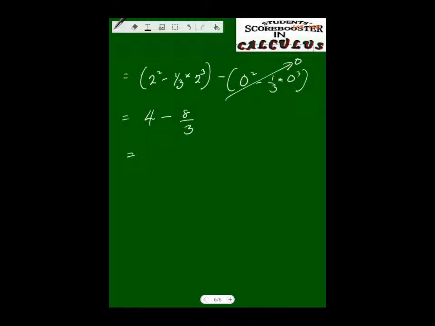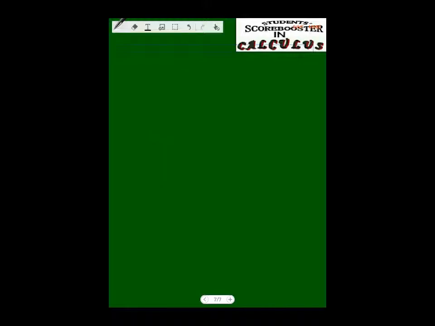In JAMB, you don't have time to start finding LCM and some other thing. So just make 4 to be equal to 12 over 3. Okay, and then you can subtract 8 from 12. 12 minus 8 will give you 4, then over 3. So your answer is 1 and 1 over 3 square units.